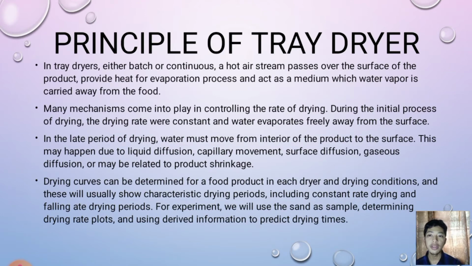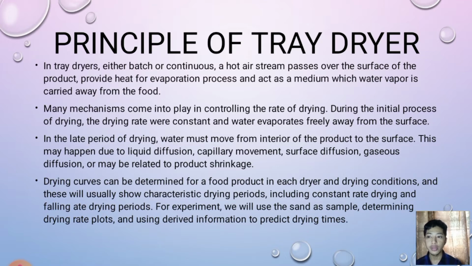The principle of tray dryer. In tray dryers, either batch or continuous, a hot air stream passes over the surface of the product, provides heat for the evaporation process, and acts as a medium by which water vapor is carried away from the food. Many mechanisms come into play in controlling the rate of drying.